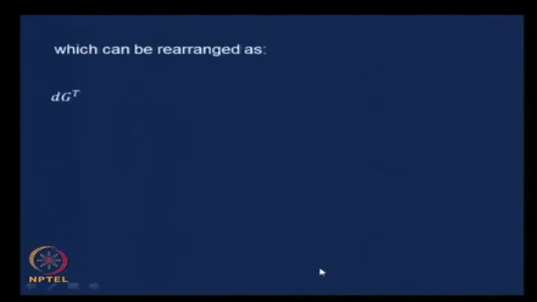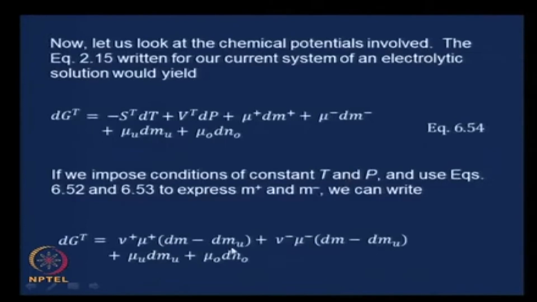and you can rearrange this as dGt. I have essentially collected all terms with the dmu together, mu u minus nu plus mu plus minus nu minus mu minus dmu, from here there is a dmu here, there is a dmu here, and there is a dmu here. I have just collected the coefficients of those and collated them in terms of dmu, dm and dn 0.